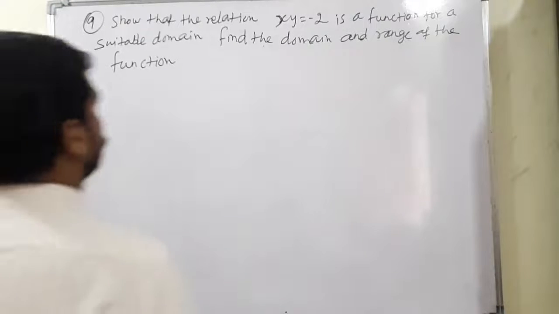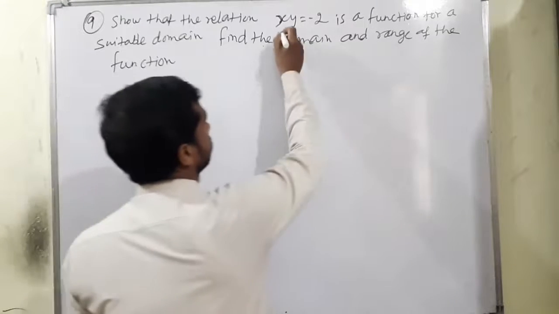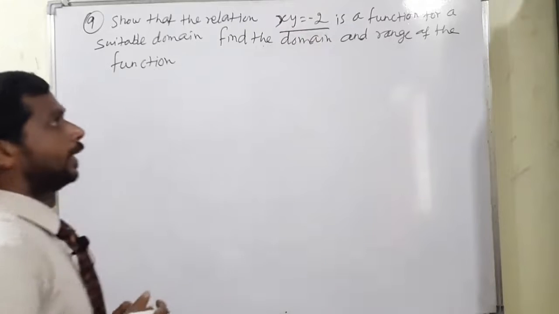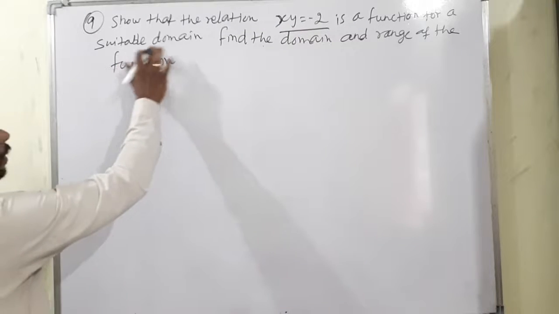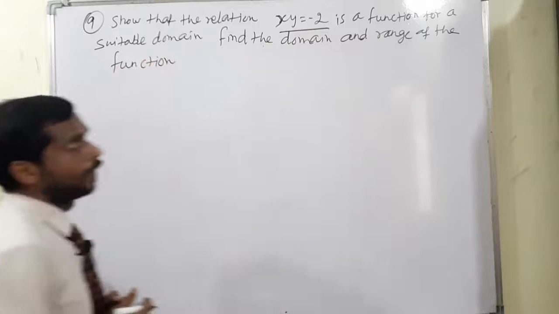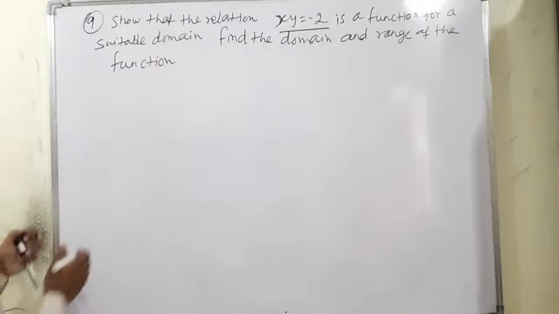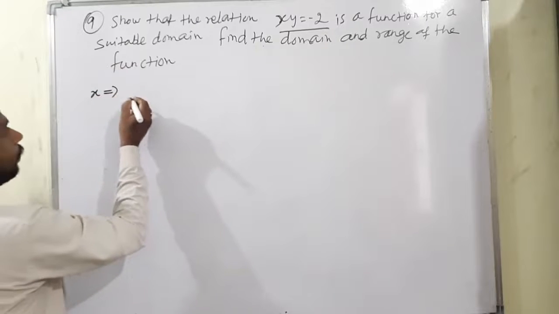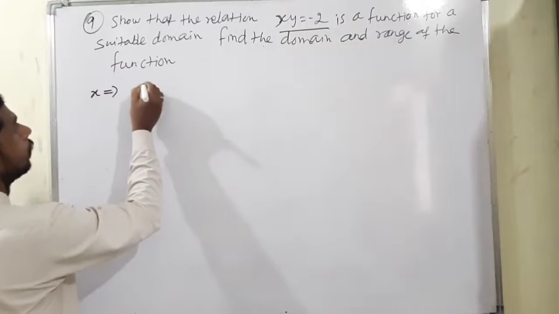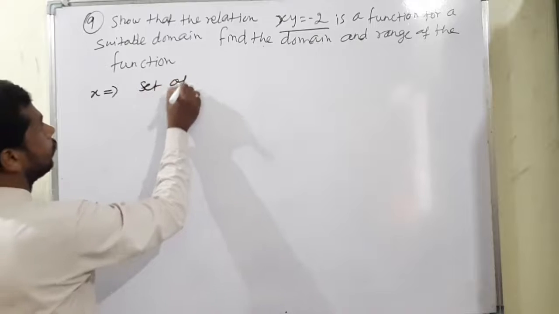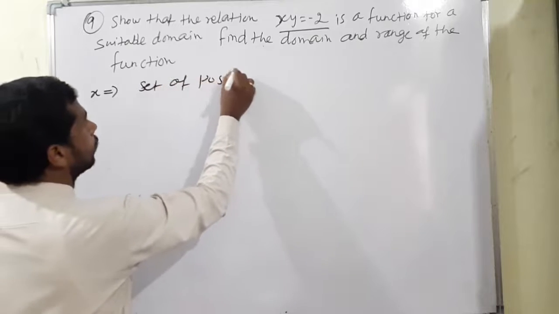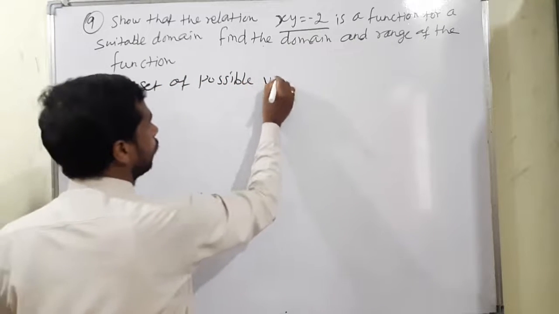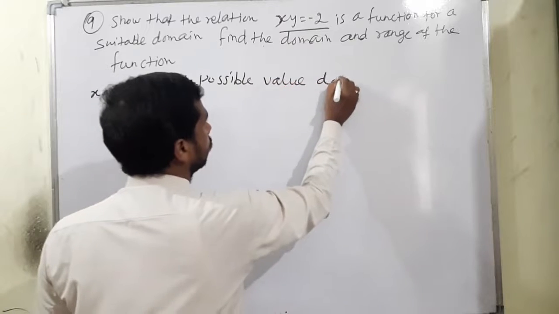Question number 9: show that the relation xy is equal to minus 2 is a function for a suitable domain. Find domain and range of the function. First consider for x the set of possible values, the domain.